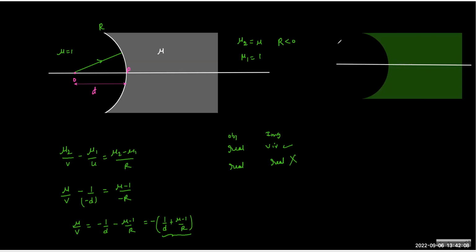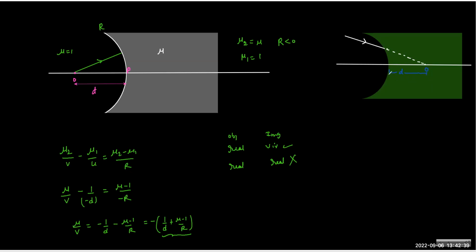So what if the incident ray itself is hitting at some angle above the horizontal? So if we take above the horizontal, the object is going to be like this.